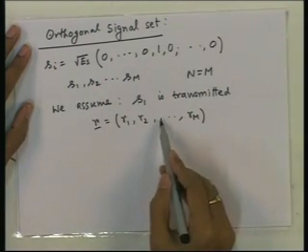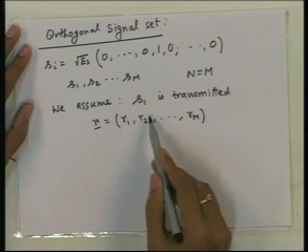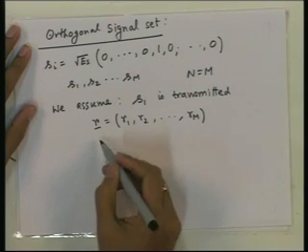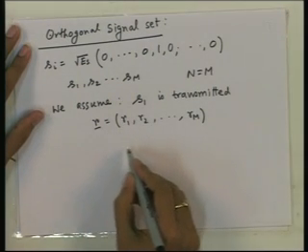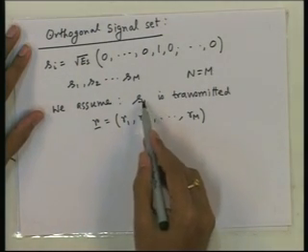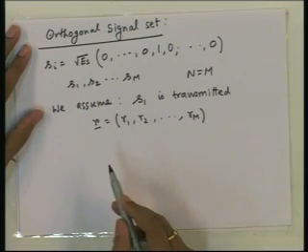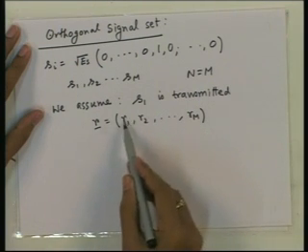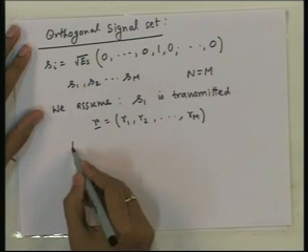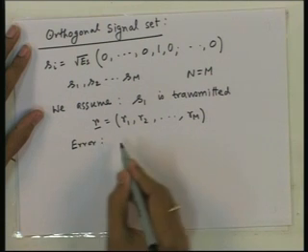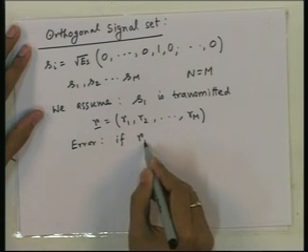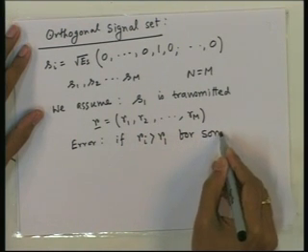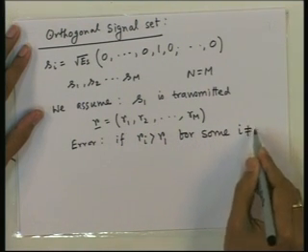So, if Ri is the maximum out of these, then Si was transmitted. If we now assume that we transmitted S1, the error will happen if there is some other component which is greater than R1. So, there will be error if Ri is greater than R1 for some i not equal to 1.